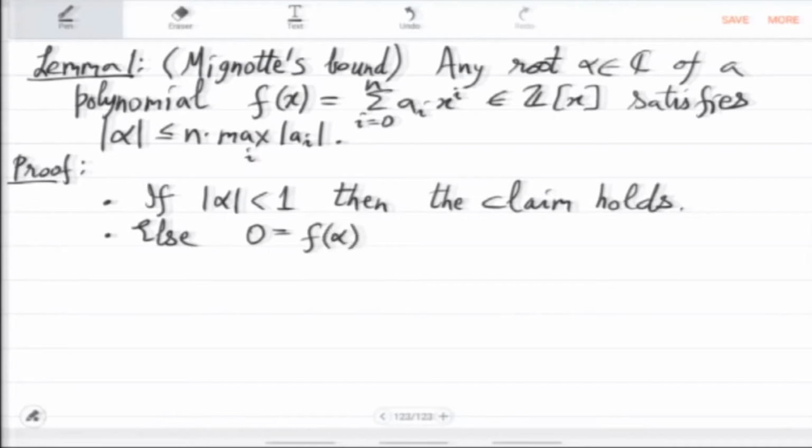Since alpha is a root, obviously it is 0, but on the other hand, you also know that the sum of a_i alpha to the i is at least, since the norm of alpha is at least 1, the bigger chunk of this sum comes from alpha to the n. So let us isolate that: a_n alpha to the n minus the rest.